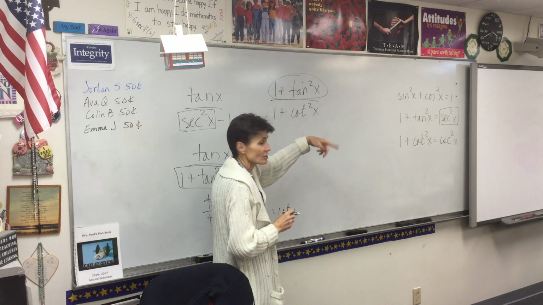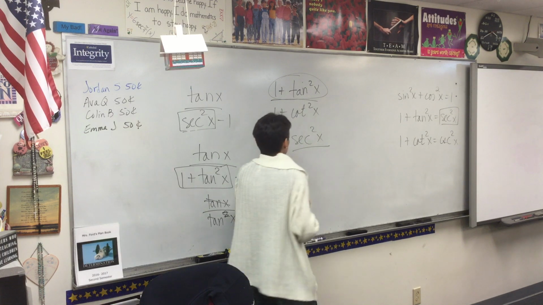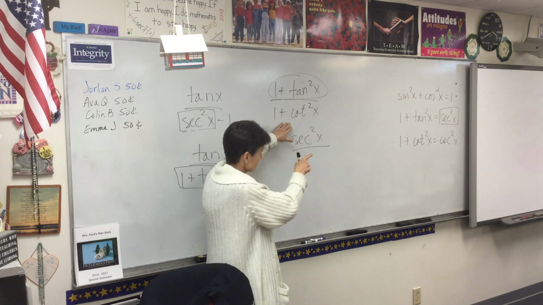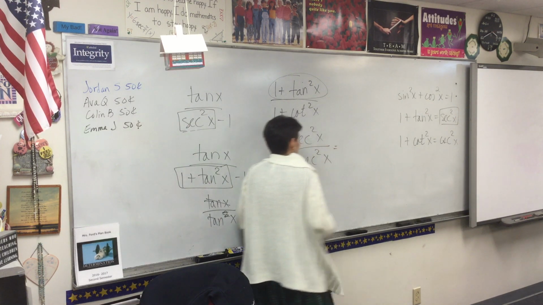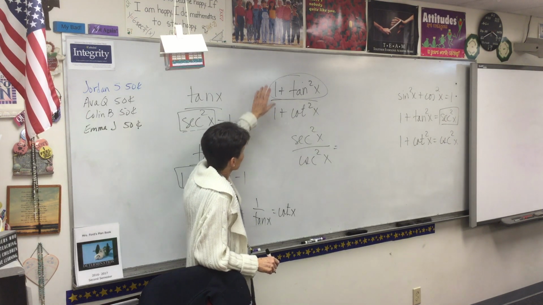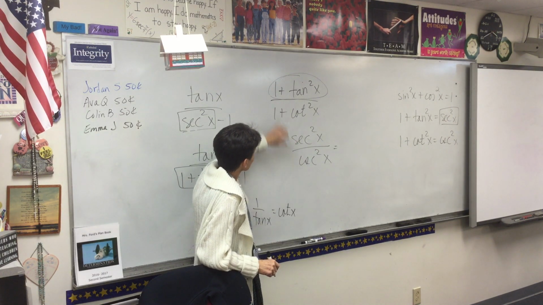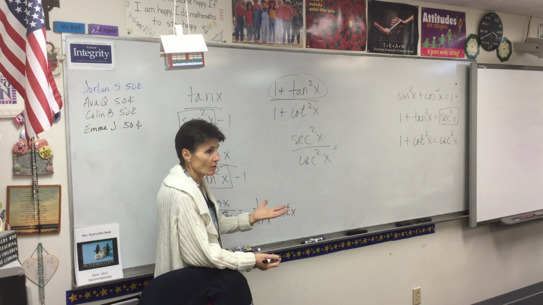Secant squared. That's just secant squared, isn't it? So secant squared. What's this? Cosecant squared. Those are the actual identities. 1 plus tangent squared is secant squared, and 1 plus cotangent squared is cosecant squared. Those are the identities.